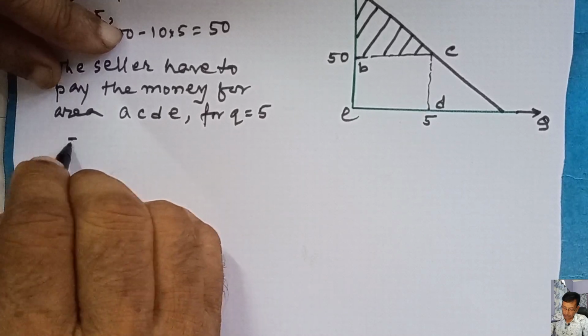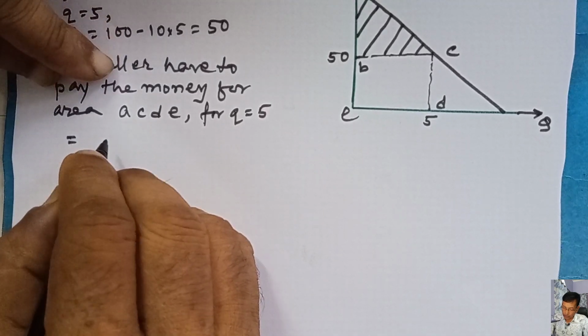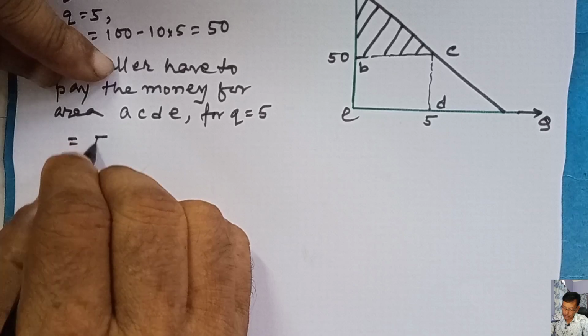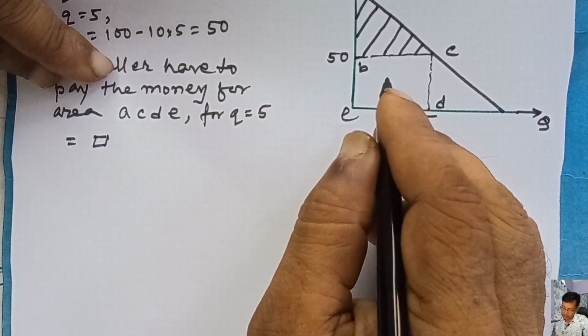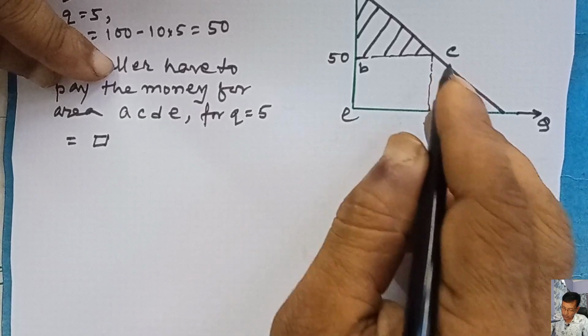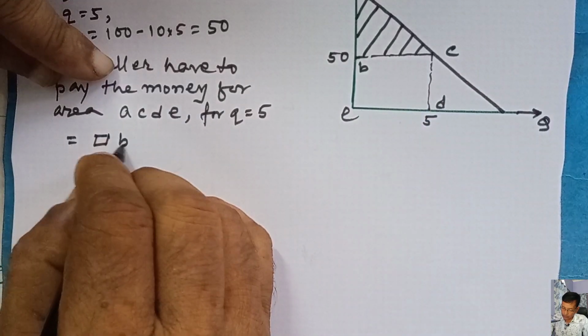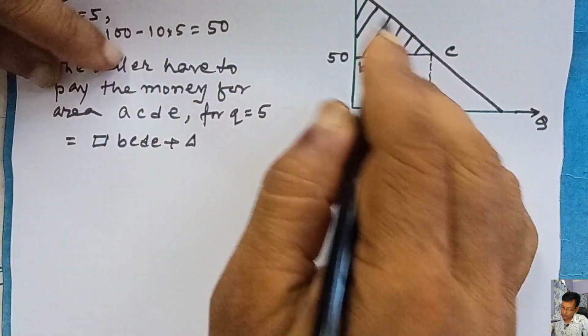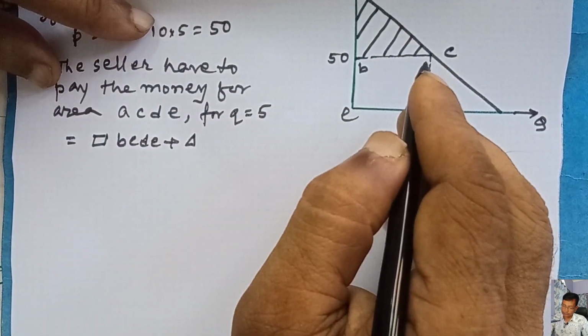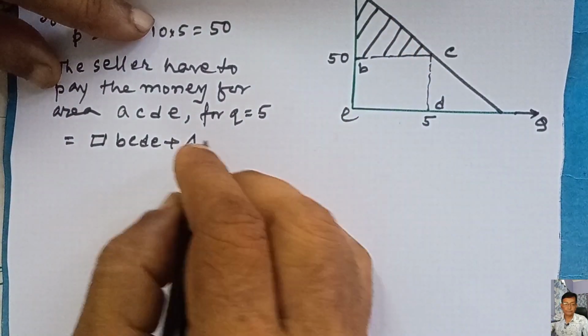So it will be area B, C, D, E plus area A, B, C.